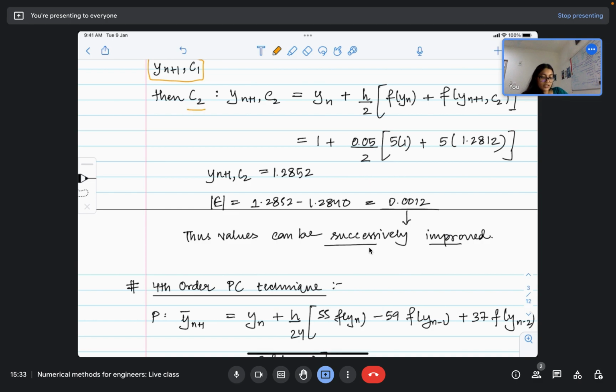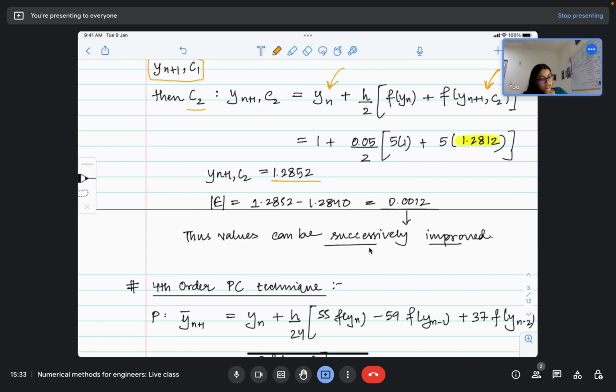This value is going to remain the original yn, this is also going to be the same, but this value is going to be whatever you have found in the first correction step, the corrected value. That was 1.2812, right?